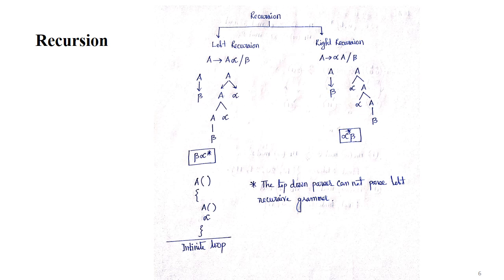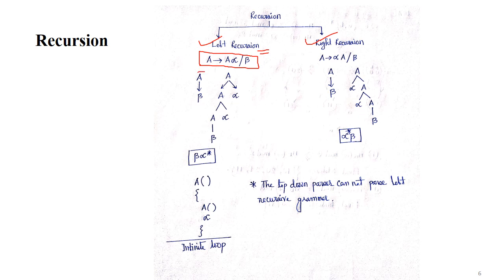Now in this slide we will see recursion. What is recursion? In the earlier slide also, we discussed left associativity and left recursion. There are two types of recursion, basically left recursion and right recursion. Already we have discussed what left recursion is, but we will discuss it again here. I have a production, or you can say grammar, like this: A goes to A alpha, or A goes to beta.